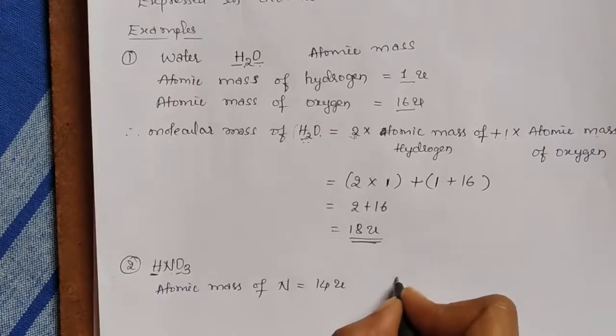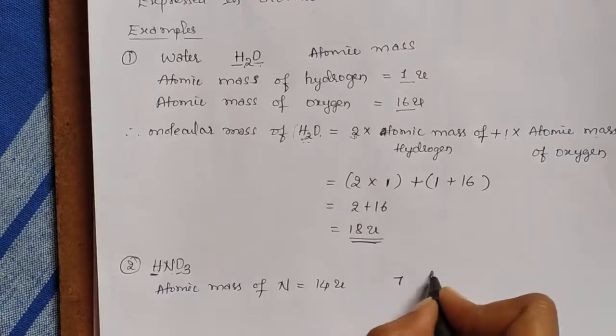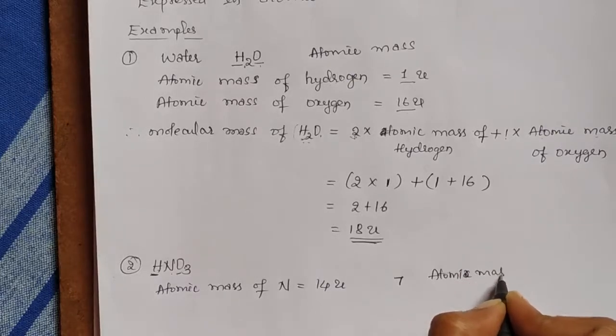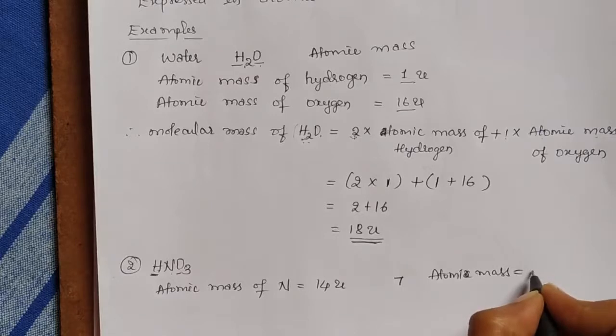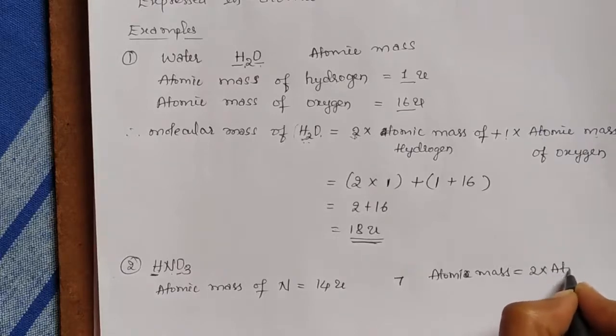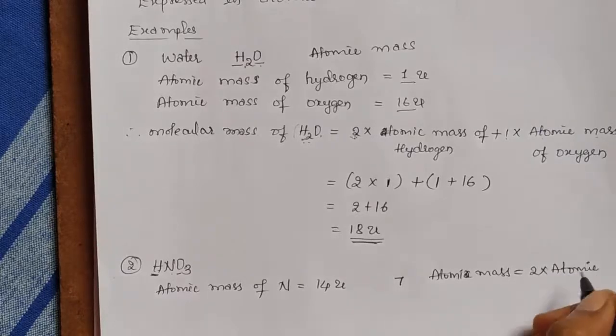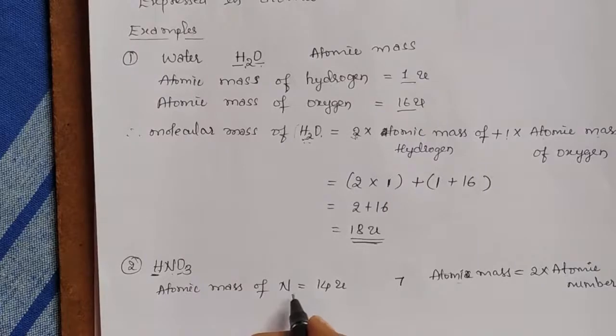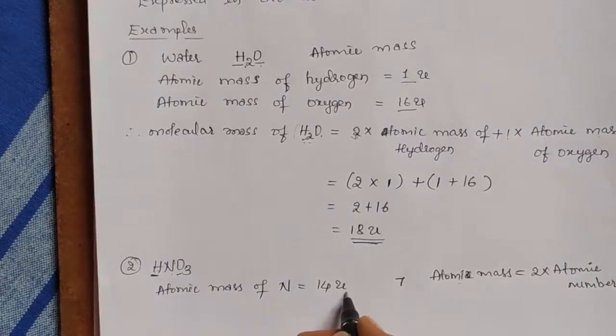Actually, its atomic number is 7. Always the atomic mass is almost double the atomic number. It is an easy way to remember the atomic mass. If you know the atomic number, you can say the atomic mass. So atomic mass of nitrogen is 14 atomic mass unit.